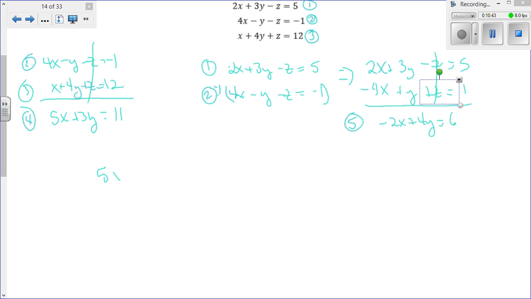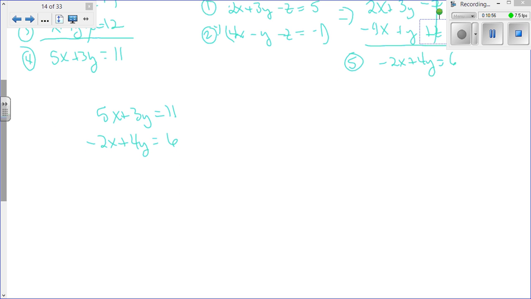So I have 5x plus 3y equals 11, and then negative 2x plus 4y equals 6. Now when you look at these, there isn't one thing that obviously cancels out, so you're going to need to multiply the first equation by one number and the second equation by another. It's the only way you can get something to cancel out.